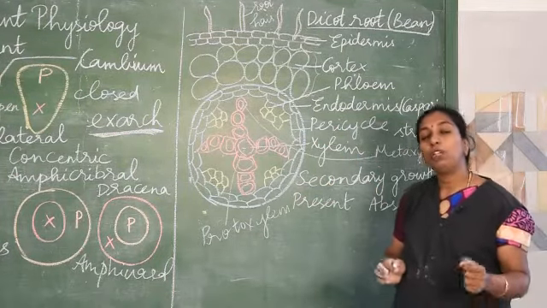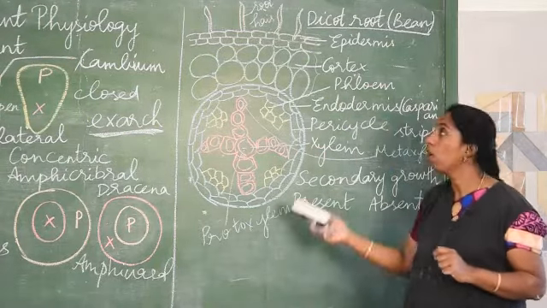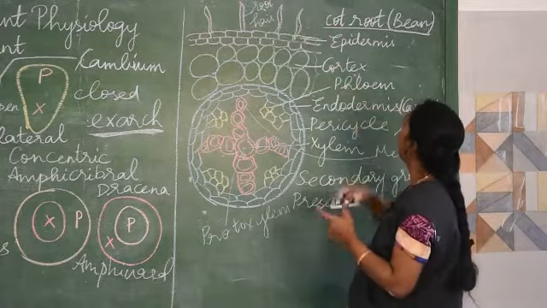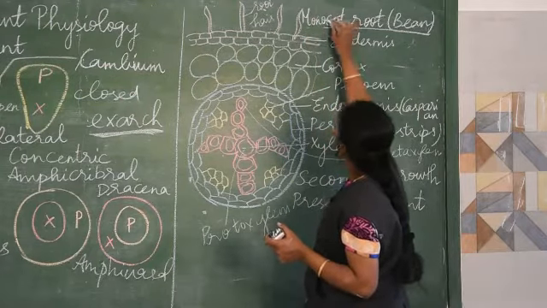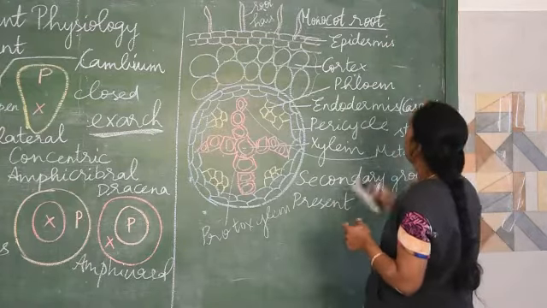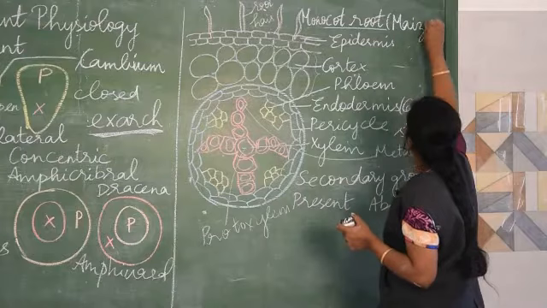So now we shall learn about the internal structure of monocot root. Now we have learned dicot root. Now we are going to learn about monocot root. Monocot root, example maize.